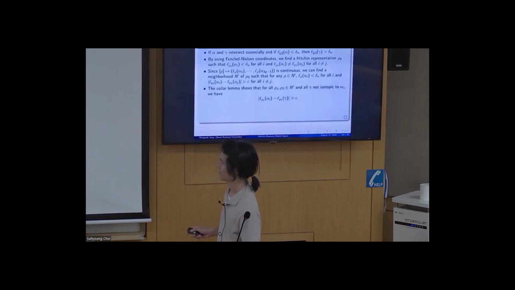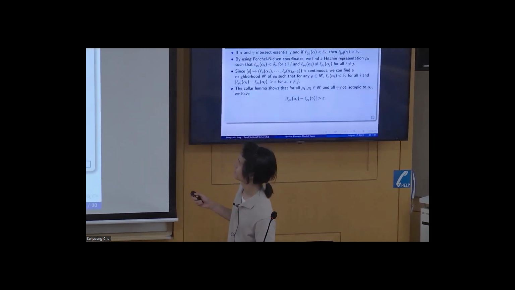If gamma is not isotopic to any of the alpha i's, then by this observation, this quantity must be bigger than delta of n. So we still have this inequality.